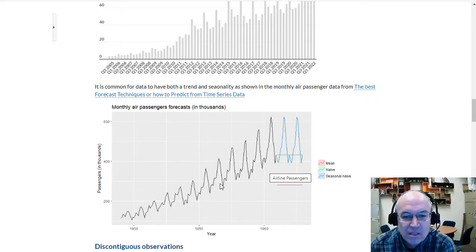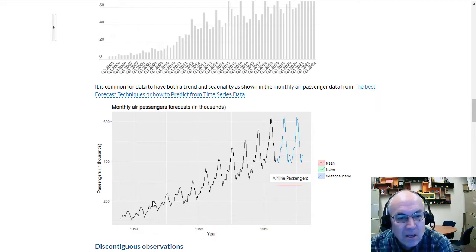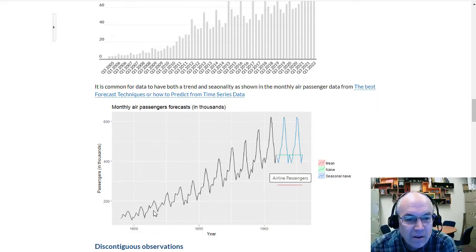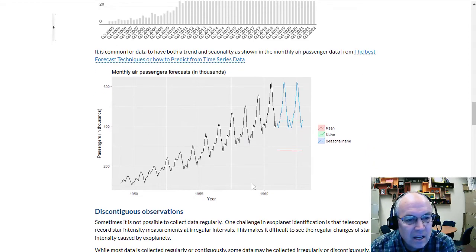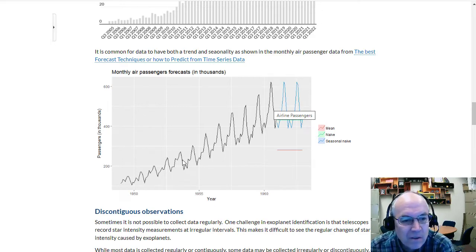In traditional forecasting, you have to identify the trend and remove the trend from the data, identify the seasonality and then try to remove the seasonality, predict from there, and then reintroduce the trend and the seasonality into the data. But with our neural networks, we'll just try to have the neural networks learn this and work on the predictions.